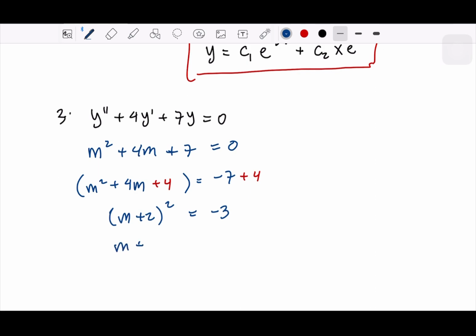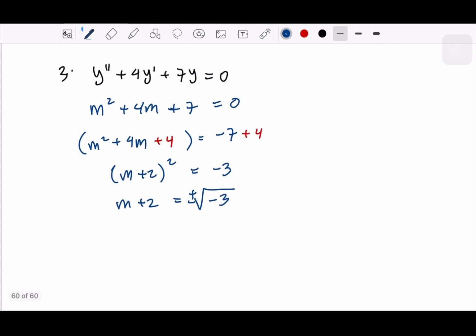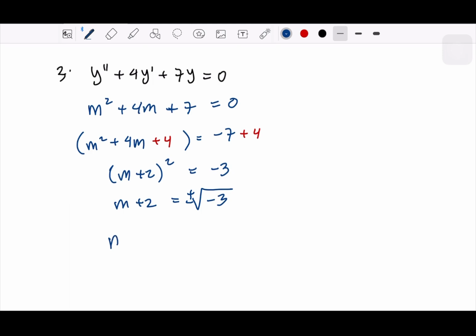So we have m plus 2 is plus or minus square root of negative 3. So we have m1 is negative 2 plus square root of 3 i. Maybe this should be like this. And m2 is negative 2 minus square root of 3 i.